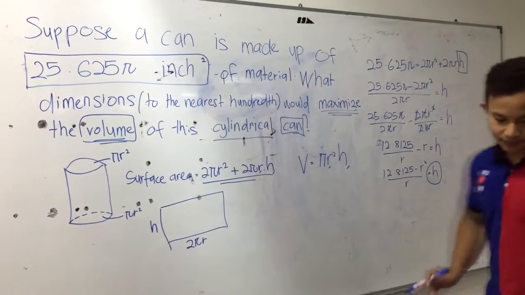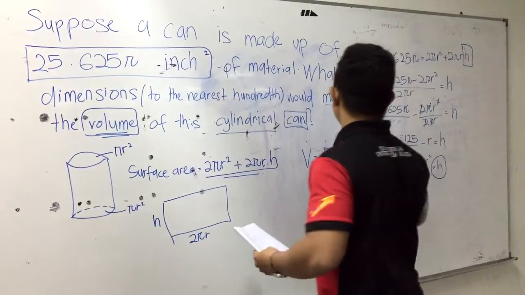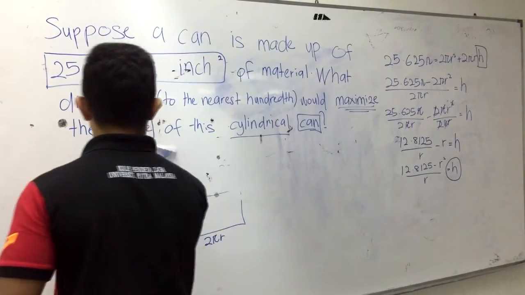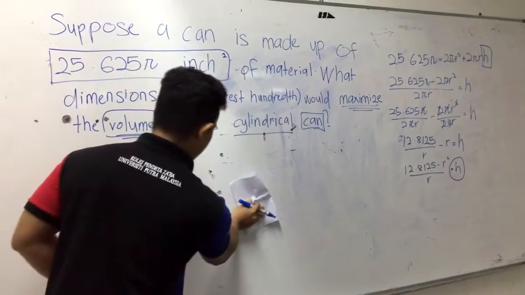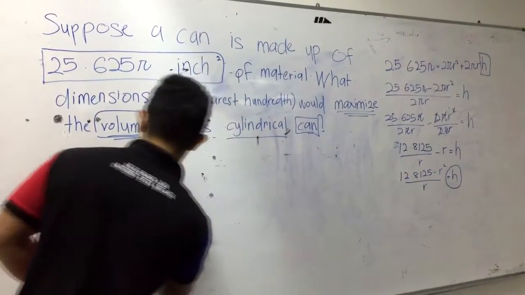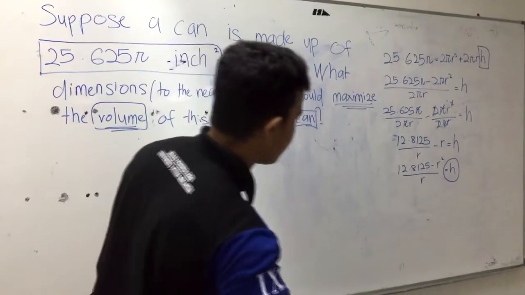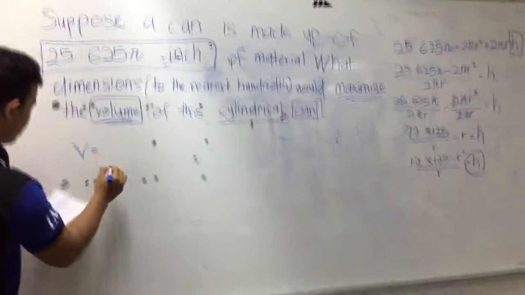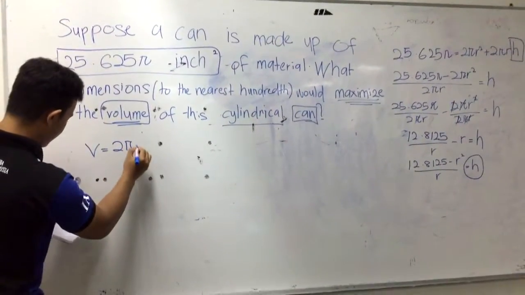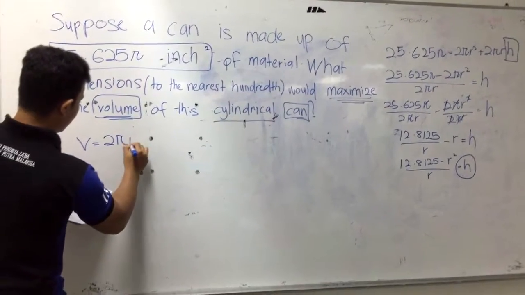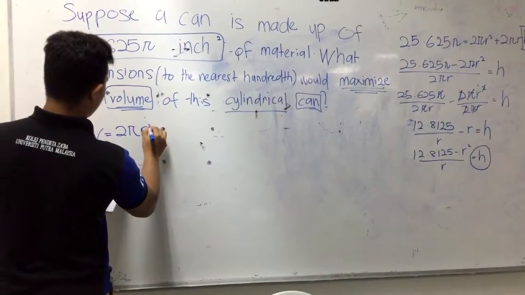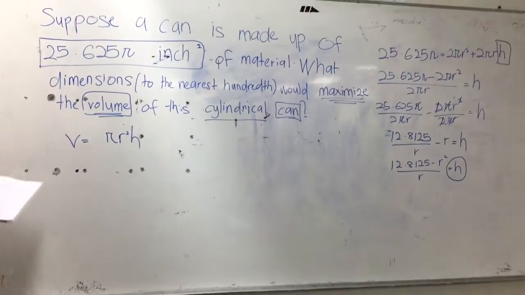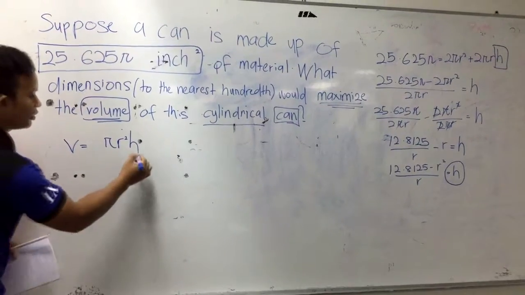So for the next step, volume equals pi r squared h.